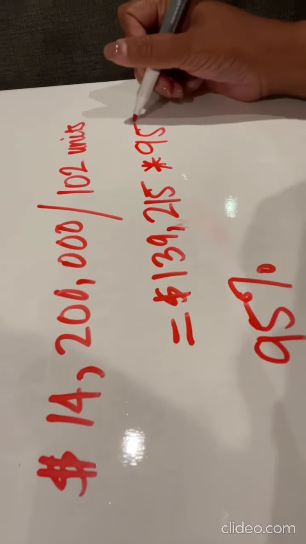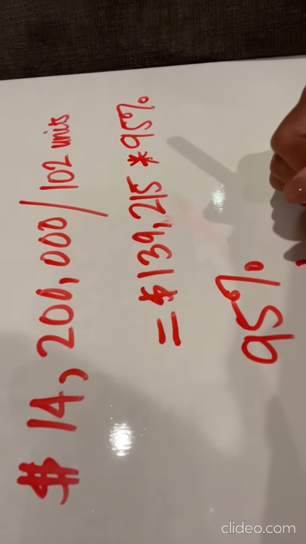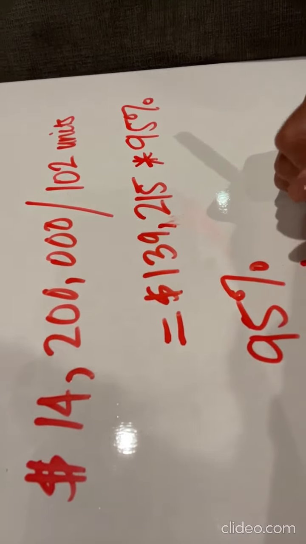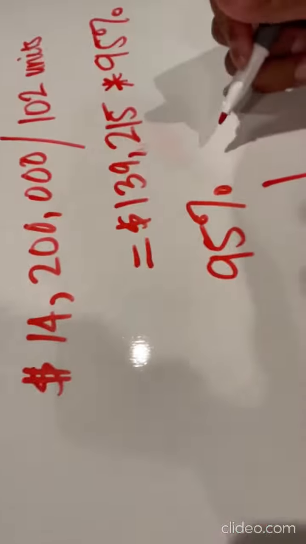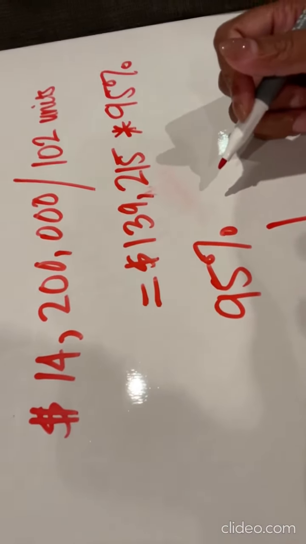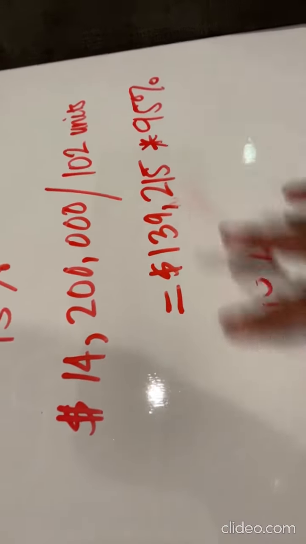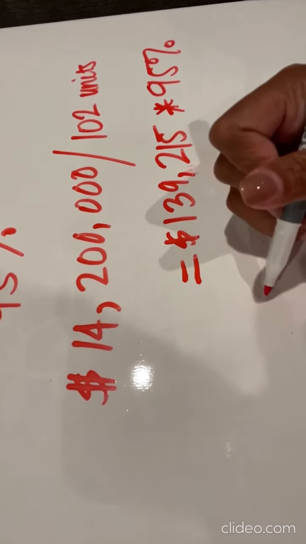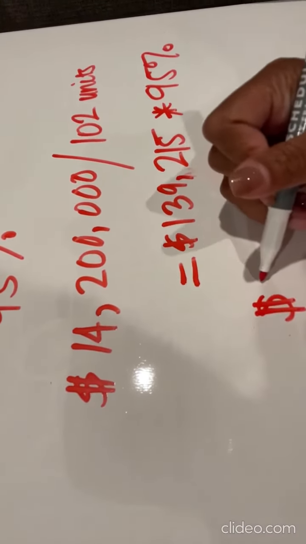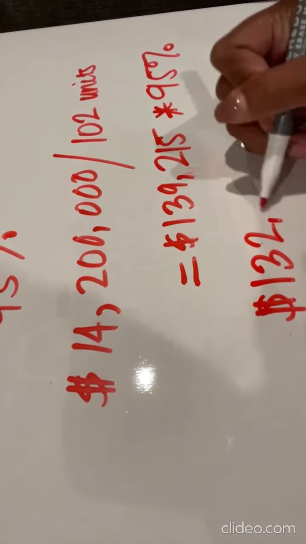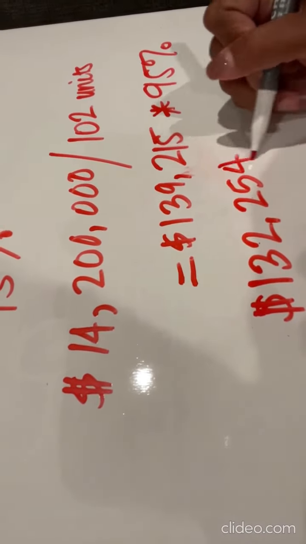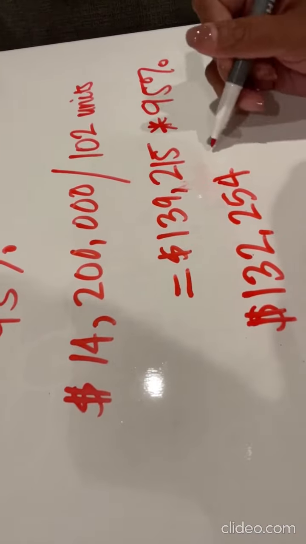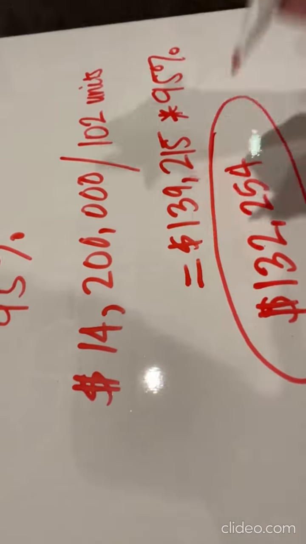The answer is approximately 1,465.421 United States dollars. No, that's wrong. I messed up my question to Google. Hey, Google, what's 139,215 times 95%? 139,215 times 95% is 132,254.25. Okay, so this is where I think I'm going to be able to buy it.